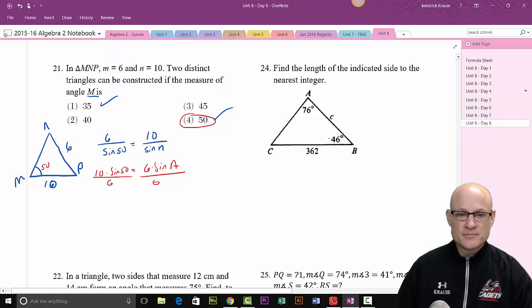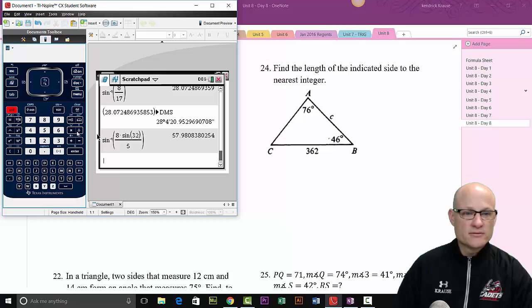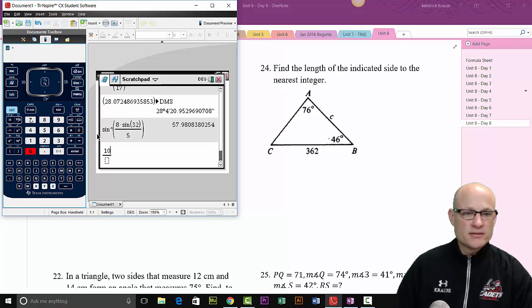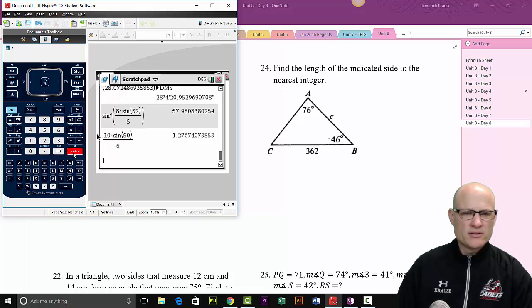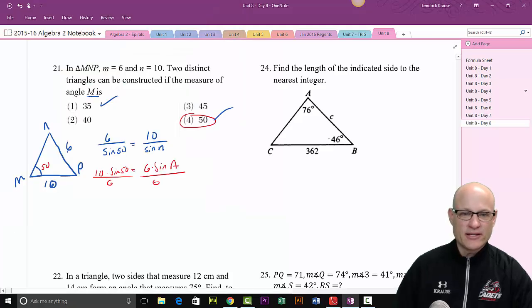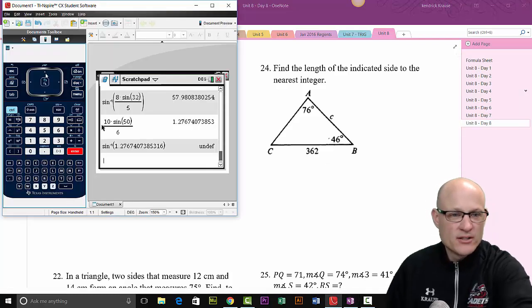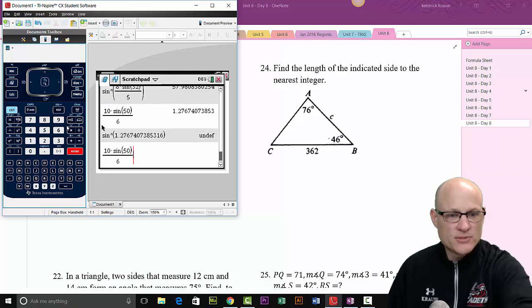Let me just do that calculation: 10 sine 50 all over 6. Well, we got to do the inverse sine of that, and you're going to see that's a problem. Remember, sine can't be bigger than 1, so there's no way to inverse sine that, so 50 can't be the answer. That's just not going to work. I can try this same thing with 45. So let's assume I picked 45. You're going to see probably this isn't going to work either.